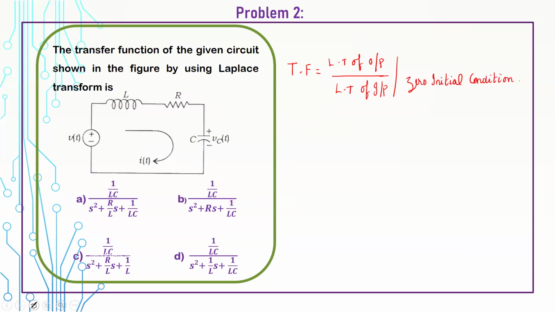Okay. So Laplace transform means in S domain. We need to find the transfer function in S domain. So for that, I am going to convert this circuit in S domain first. Okay, so let me convert.